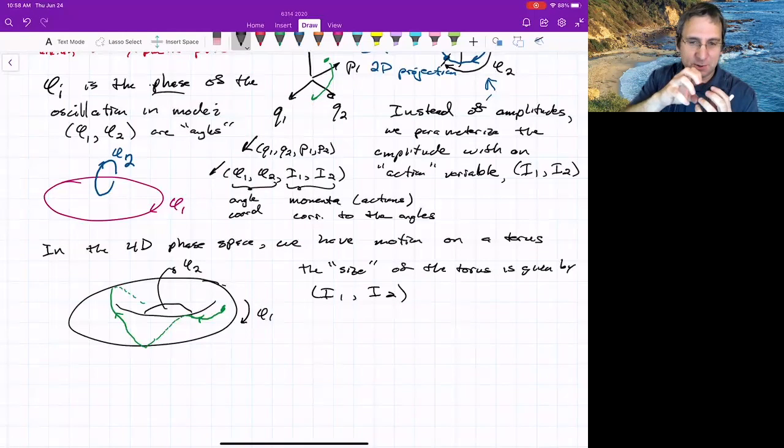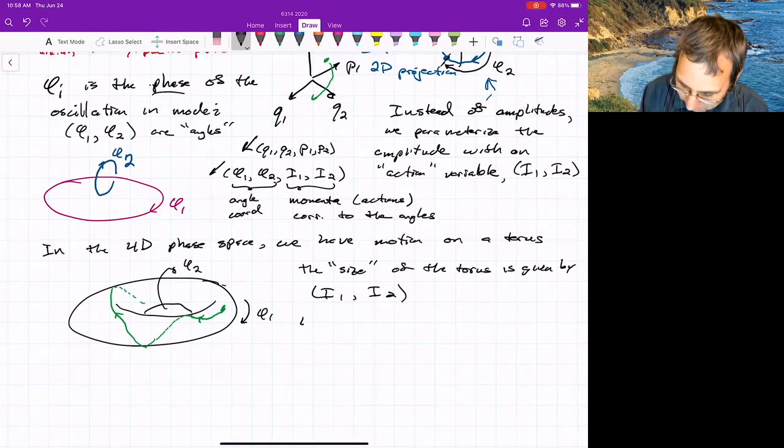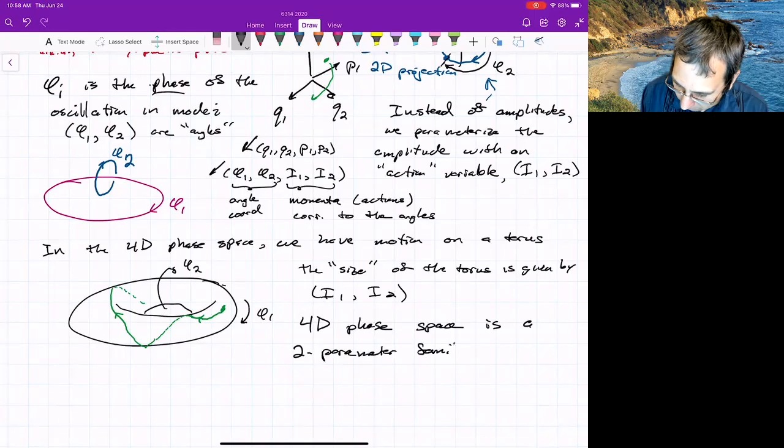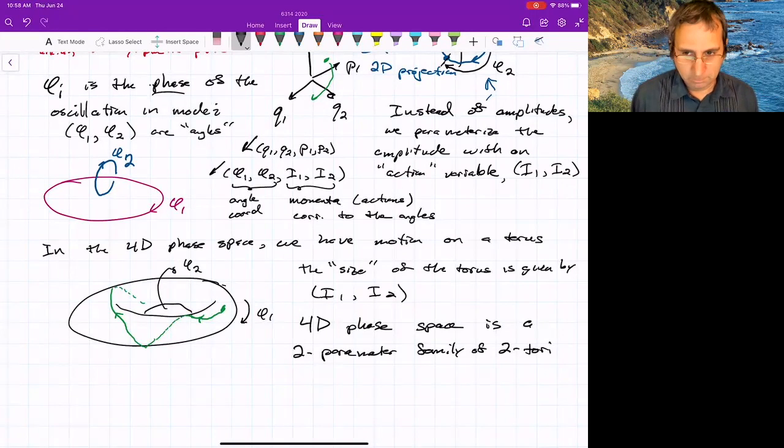We would think of nested tori in 3D, one donut inside another donut going on forever. But now think of donuts filling four-dimensional space. So the 4D phase space, we technically say it's a two-parameter family of 2-tori. In fact, this was a double harmonic oscillator.